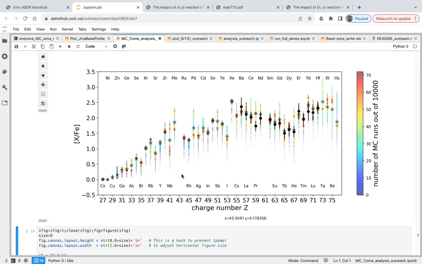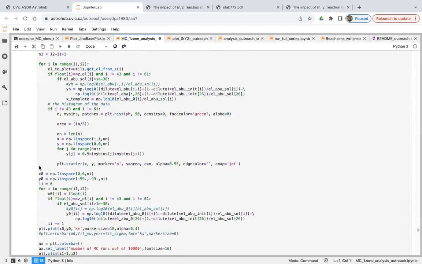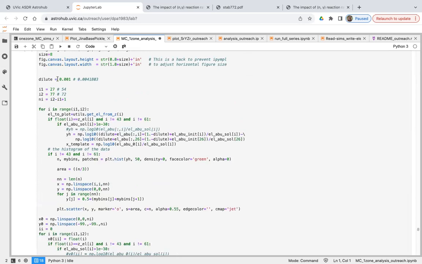They are supposed to provide correctly only the abundance distribution from one element to another. And this vertical shift is adjusted by choosing this dilution coefficient value.